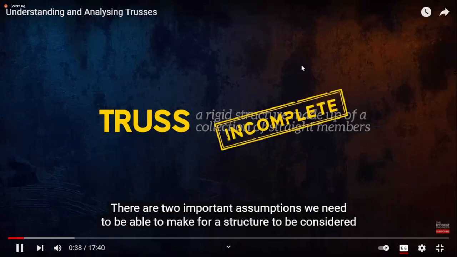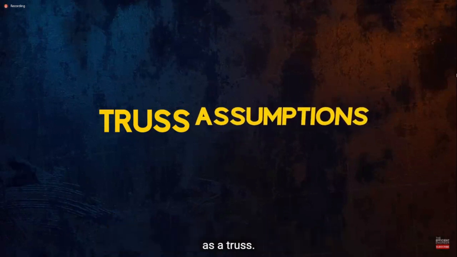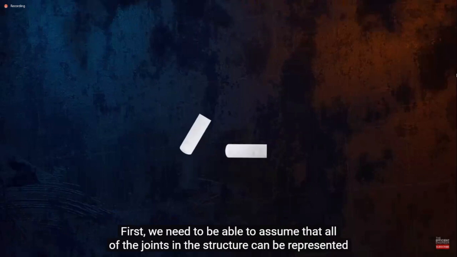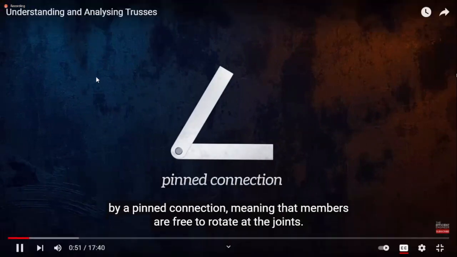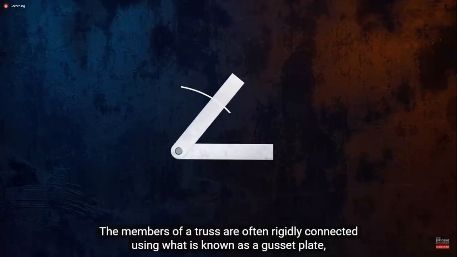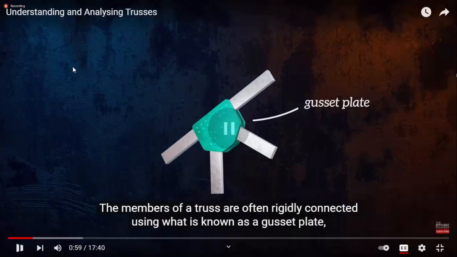There are two important assumptions we need to be able to make for a structure to be considered a truss. First, we need to be able to assume that all of the joints in the structure can be represented by a pinned connection, meaning that members are free to rotate at the joints. The members of a truss are often rigidly connected using what is known as a gusset plate. Look, here there is no pin.